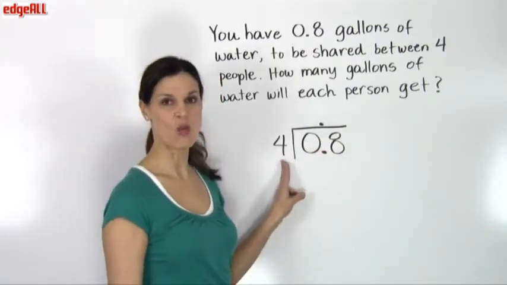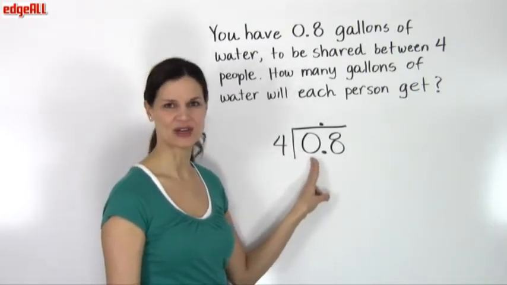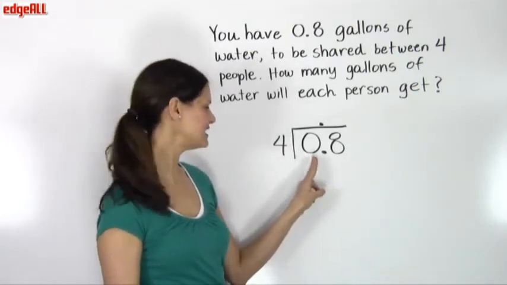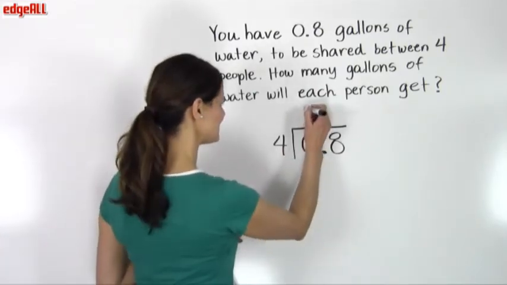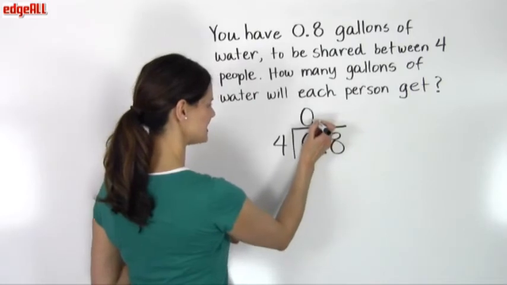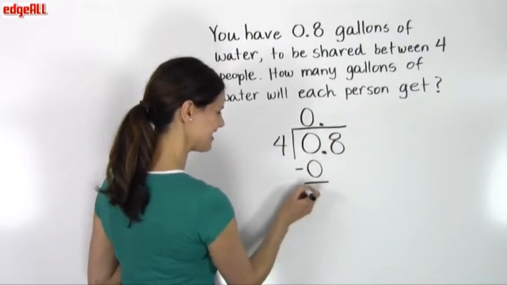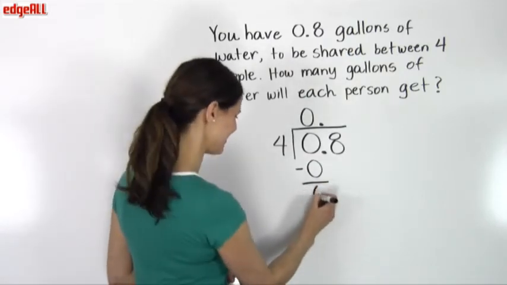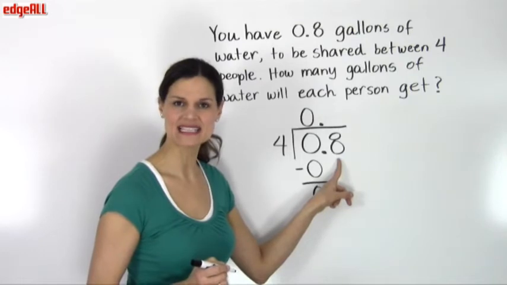So since I have one number in my divisor, I start with the first number of the dividend. And 0 divided by 4 equals 0. And so I place the 0 right here and say 0 times 4 equals 0. And I subtract 0 from 0 and I get 0. And then I just go ahead and bring this next number down.